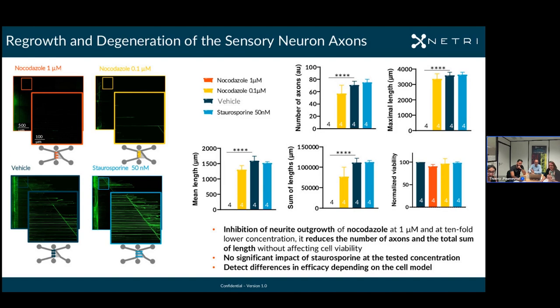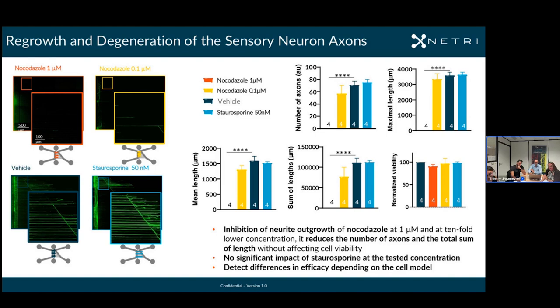And we reduced the concentration tenfold, and we could see a small but not significant reduction. This inhibition of the neurite outgrowth at 1 micromolar was showing in the number of axons and the total sum of lengths.